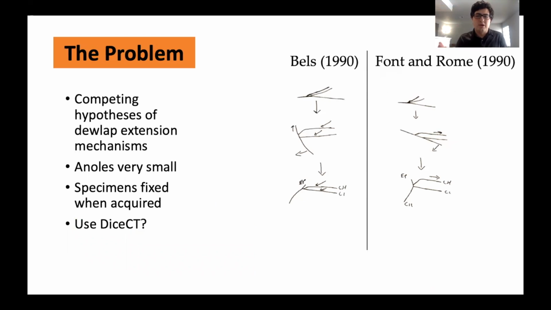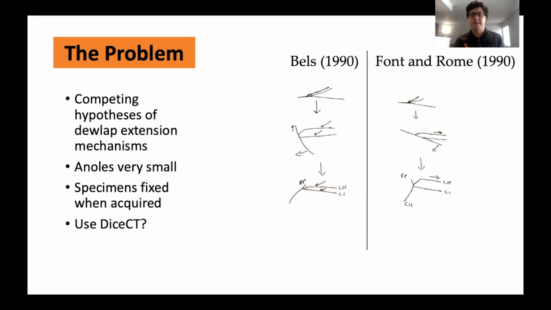So obviously, as you noted, we had a bit of a problem. Going back, there are two competing hypotheses on the mechanism of extension of the dewlap. Both are pretty uniform in the idea that the second serratobranchials are swinging out. These bones swing out this way, and you open the dewlap fold. Where they conflict, though, is around the other bones. These two studies are Bels and Font and Rome.